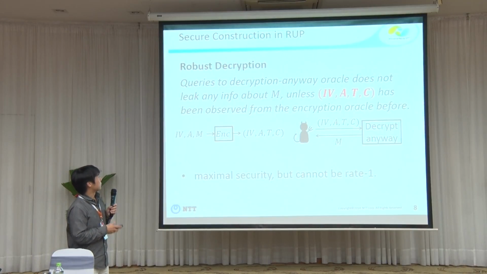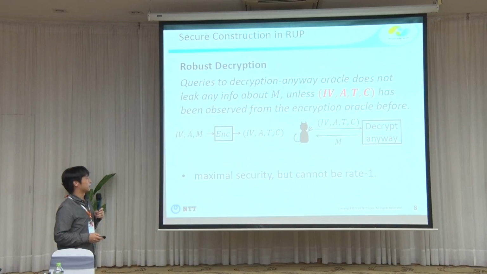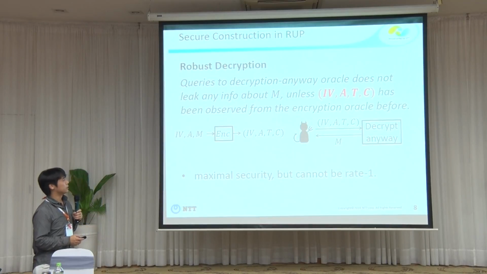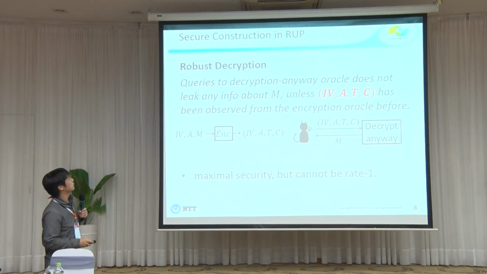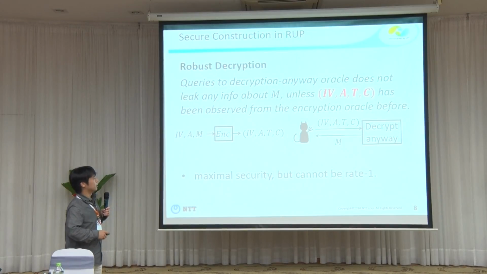Well, it's still possible to design a secure AE scheme. The property that we want to aim for is robust decryption. That means the queries to the decrypt-anyway oracle don't leak any information about M unless the IV, A, T, C has been observed from the encryption before.